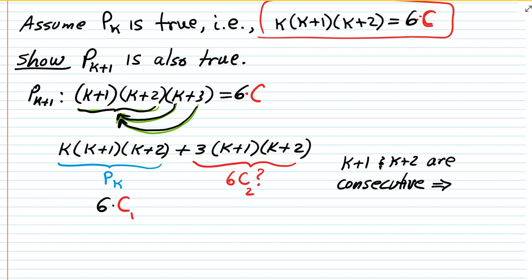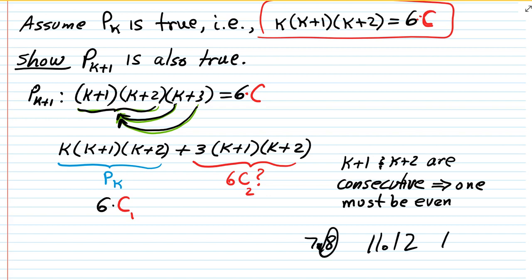Therefore, if they are natural numbers and consecutive, one must be even, don't they? Think about any two numbers, 7, 8, they're consecutive, back to back. One of them is even. Another, 11, 12. I cannot go 11, 13. They're not consecutive. So if they're consecutive, one of them has to be even, correct? And of course, the other one is odd. We know that.